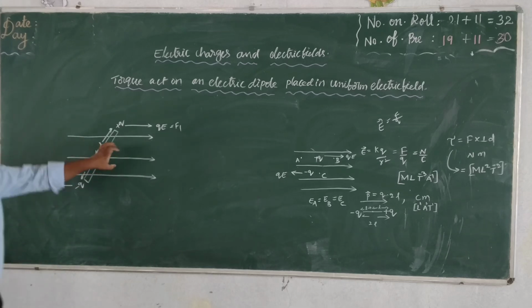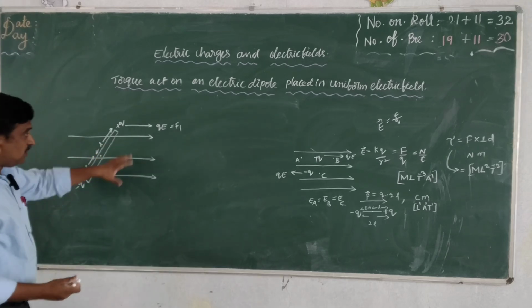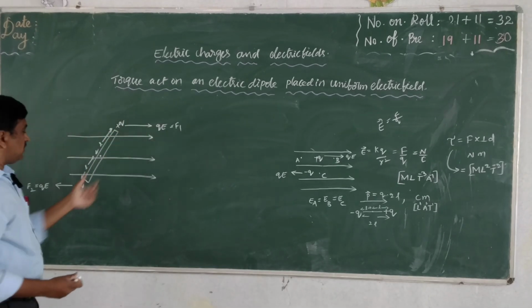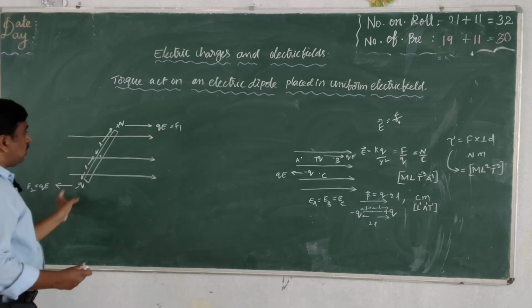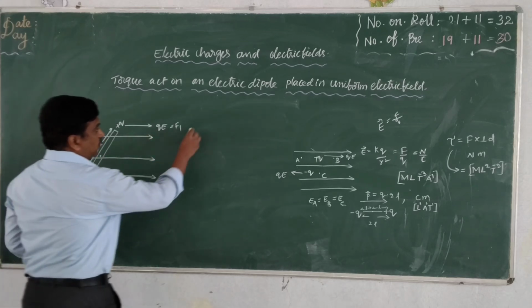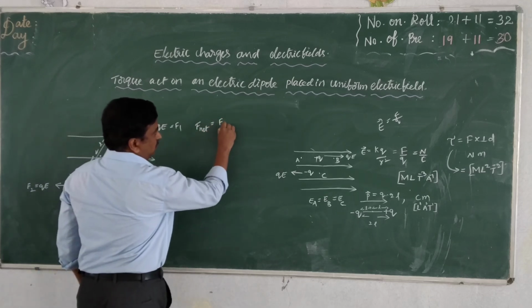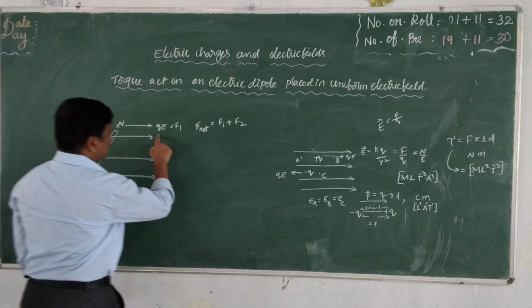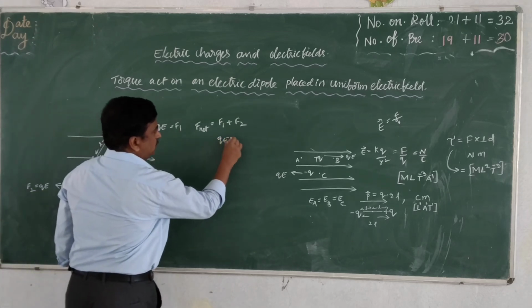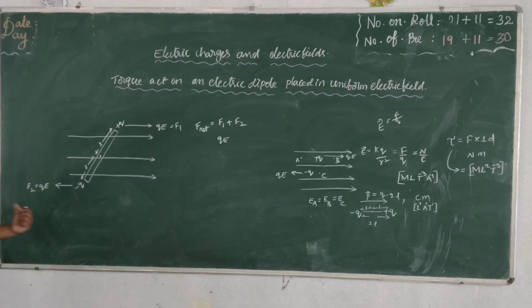Why do we say uniform electric field? Because the force on the two charges is equal in magnitude. So what is the net force acting on the electric dipole? F net equals F1 plus F2. F1 is QE and F2 is minus QE, because it is opposite to the electric field, the force on the minus Q charge is minus QE.